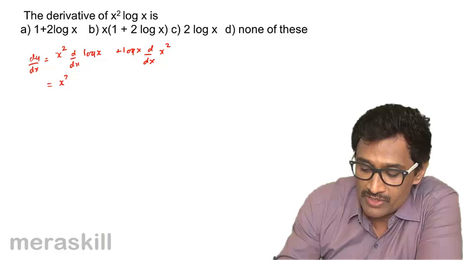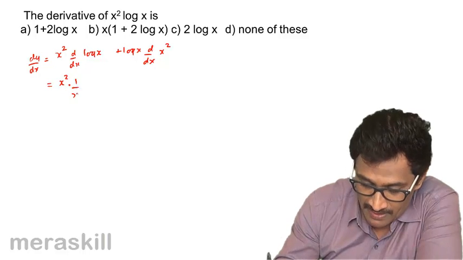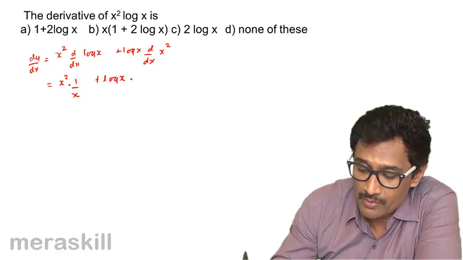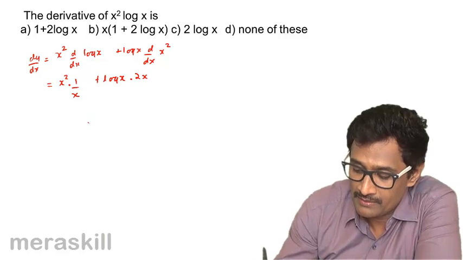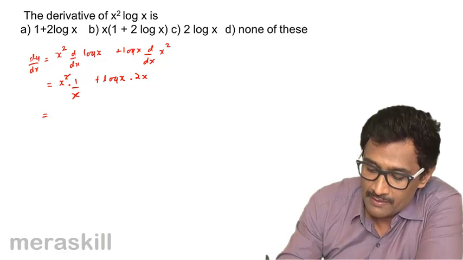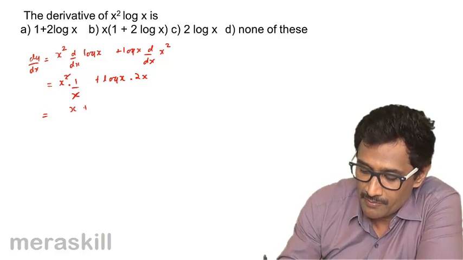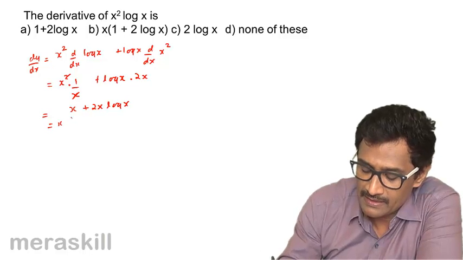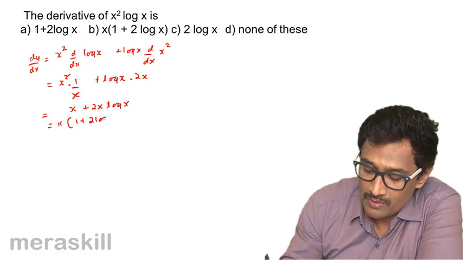So x square into d by dx of log x is 1 by x, plus log x into d by dx of x square is 2x raised to 1. So ultimately you get x plus 2x log x, that is x into 1 plus 2 log x.